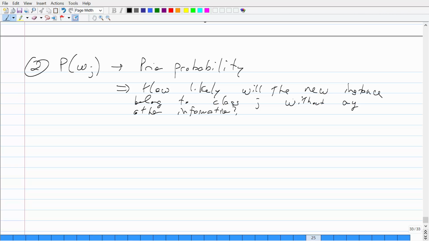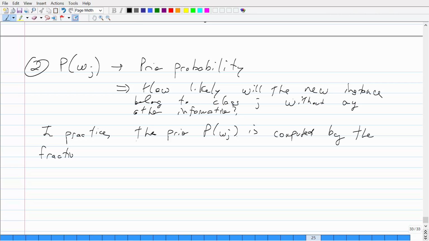In practice, the prior is computed by the fraction of inputs in the training set that belong to class J.